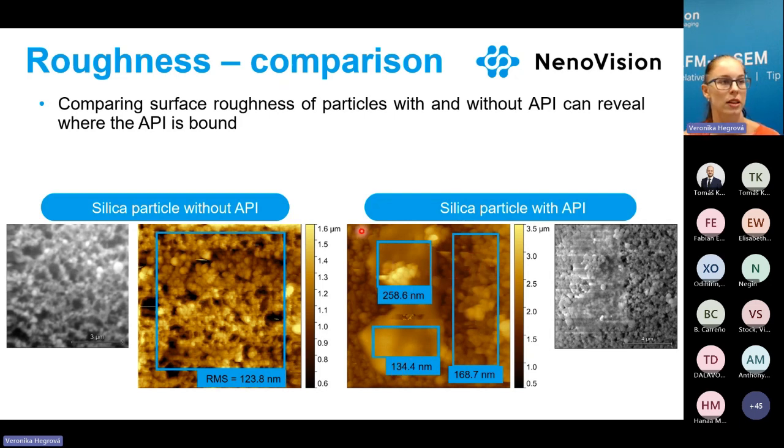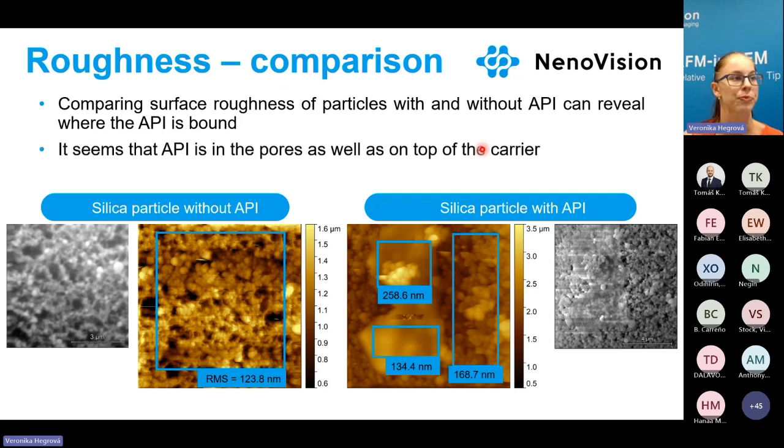And we can see that the surface roughness is smaller due to recrystallization of the treatment. So this is the API, but it's higher everywhere else. What it means is that we are in a case where all the pores were filled, and then the active ingredient recrystallized above it. So it seems that the API is in the pores, but also on top of the carrier.